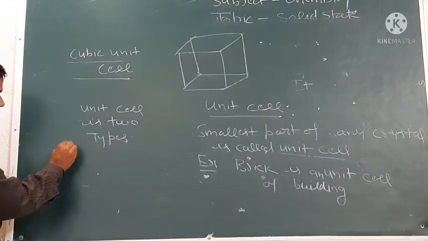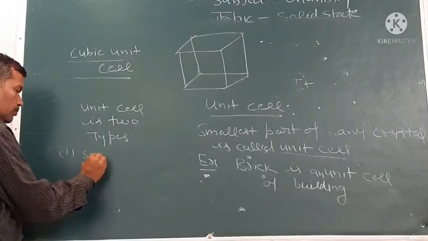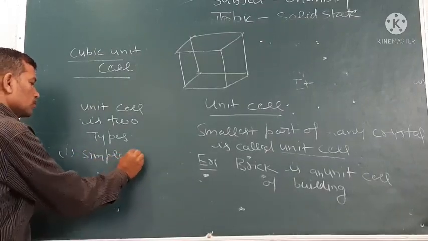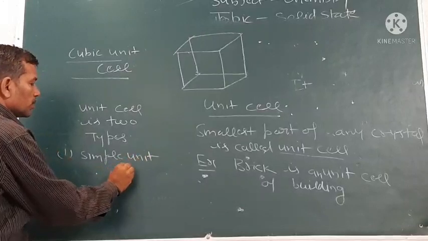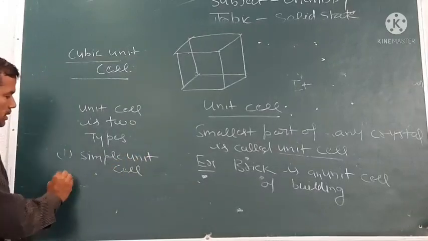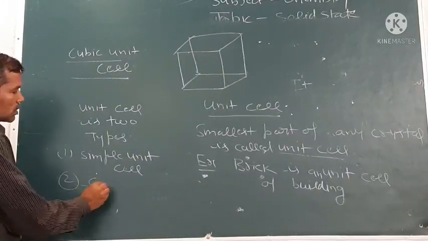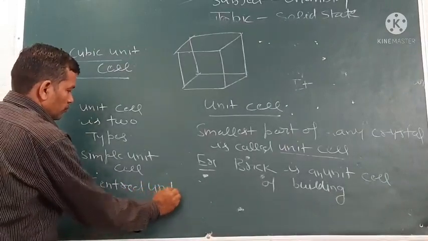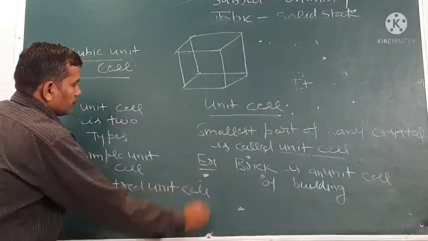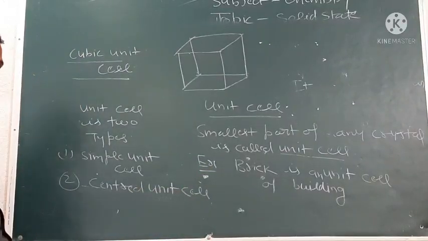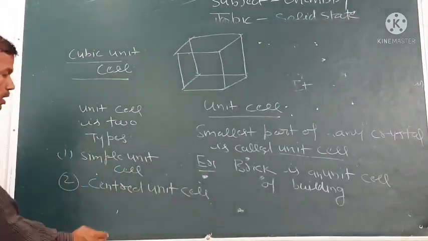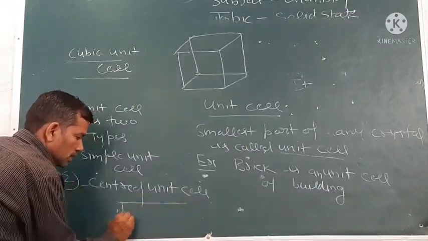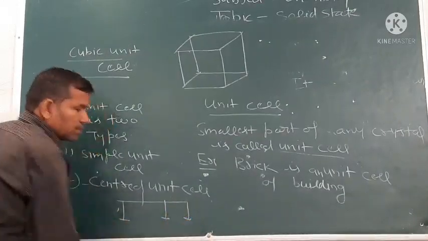Simple unit cell, and the second one is centered unit cell. Centered unit cells are of three types.